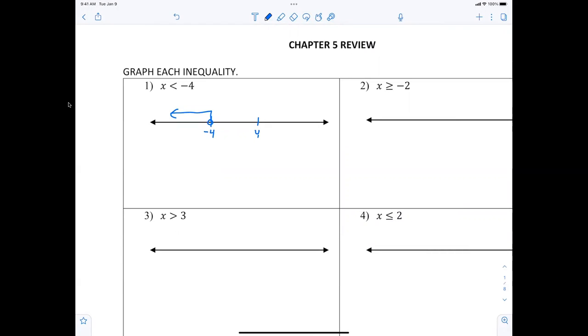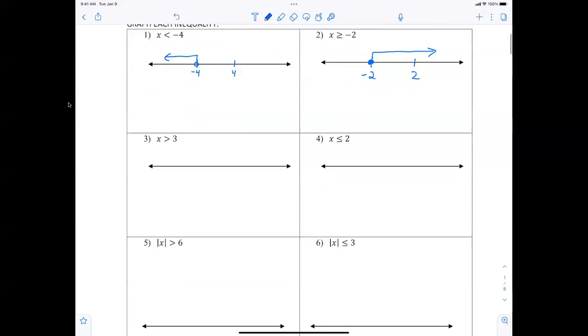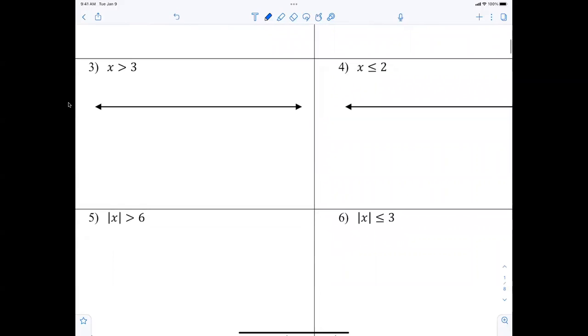All right, for number 2, x greater than or equal to -2. So I just put -2, 2, solid dot at -2 going to the right. Greater than 3. All right, here we go. 3 and -3.